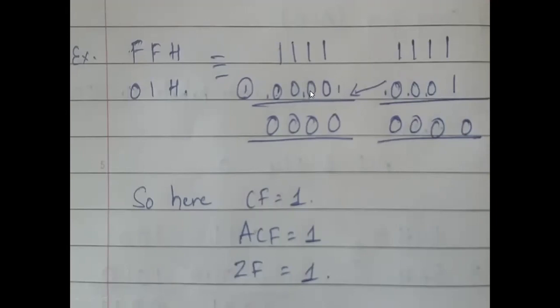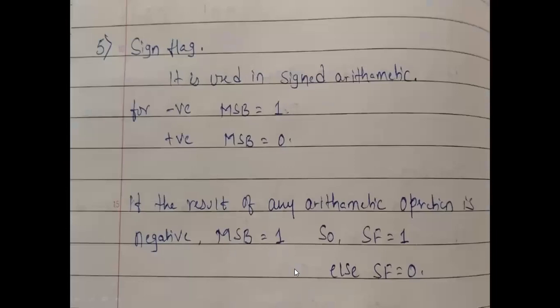Again 1 plus 1, 0 and carry 1, and so on through all the bits, until it is oozing out a carry. In this condition, as it is giving a carry, the carry flag is set as 1. The auxiliary carry flag is equal to 1, because it is giving a carry from the lower nibble to the upper nibble. As the result is 0, the zero flag is equal to 1.